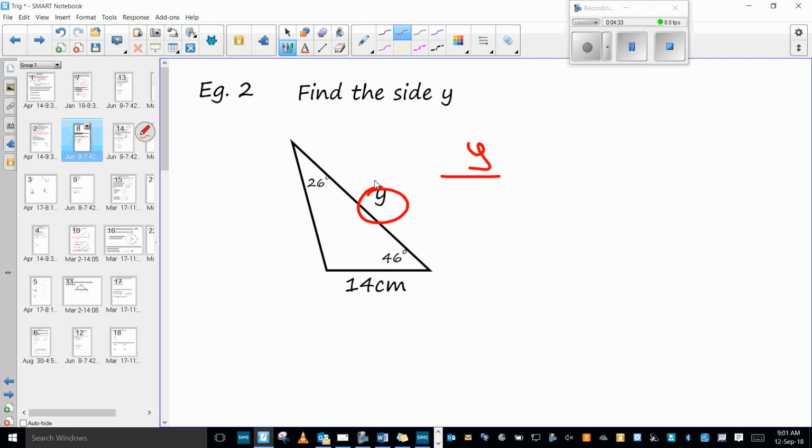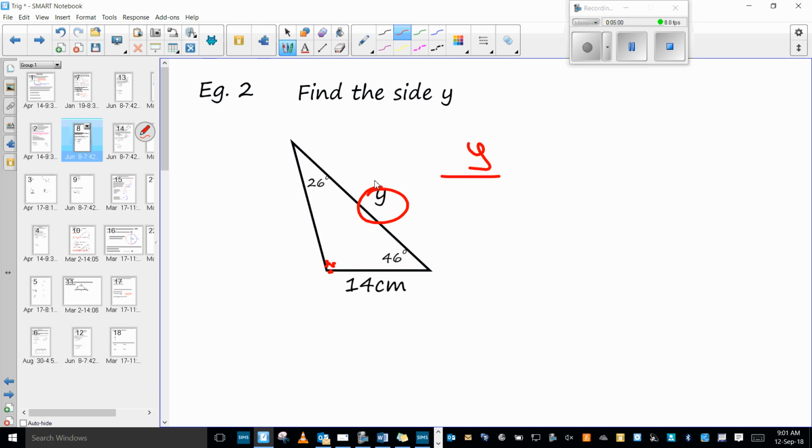We know that we need this angle. Can we find that angle there? 180, yes, nice. So make sure you're having a look at the information you're given. Don't panic and don't just use a random number because it's not there. Don't use 46 because it's near to the one I want, but not quite. Have a think about it and check it. So we can calculate that as being 108.